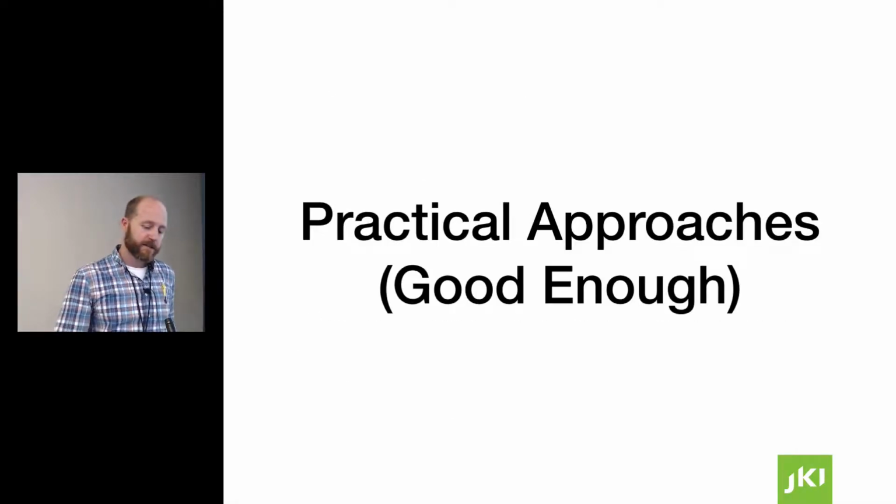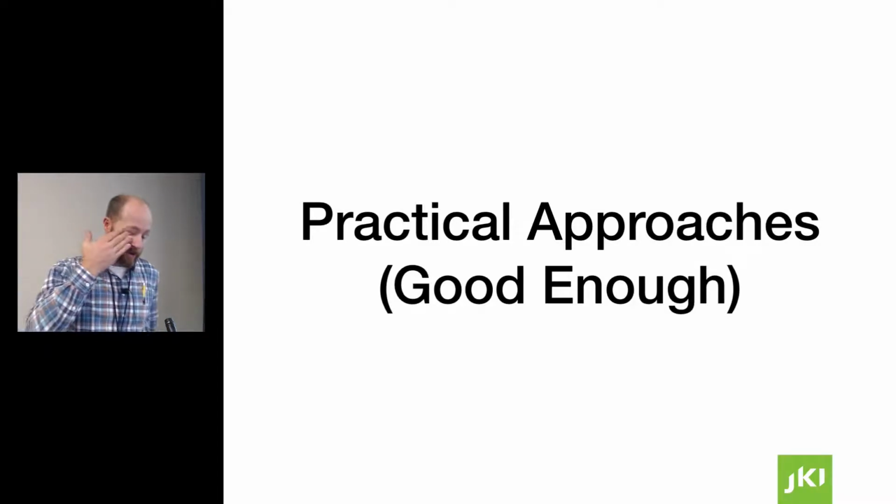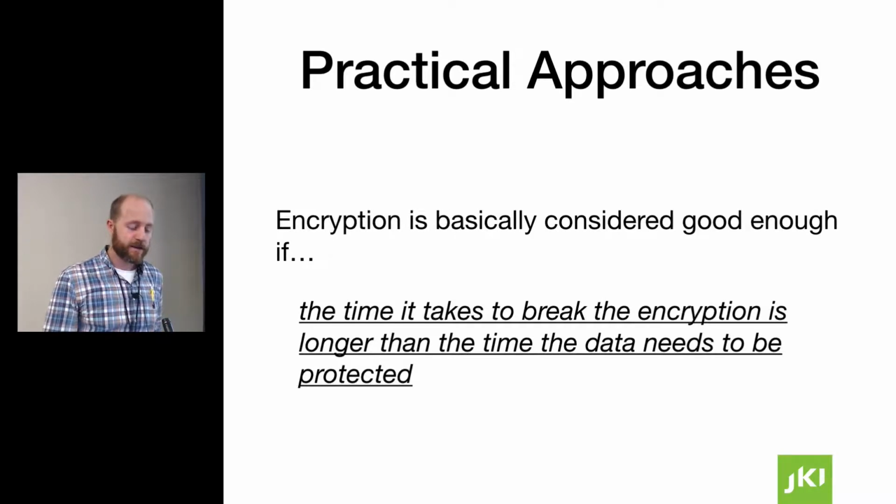Okay, so in terms of practical approaches, basically what scientists and engineers are going for is something that's good enough. Good enough encryption basically means that the time it takes to break the encryption is longer than the time the data needs to be protected.